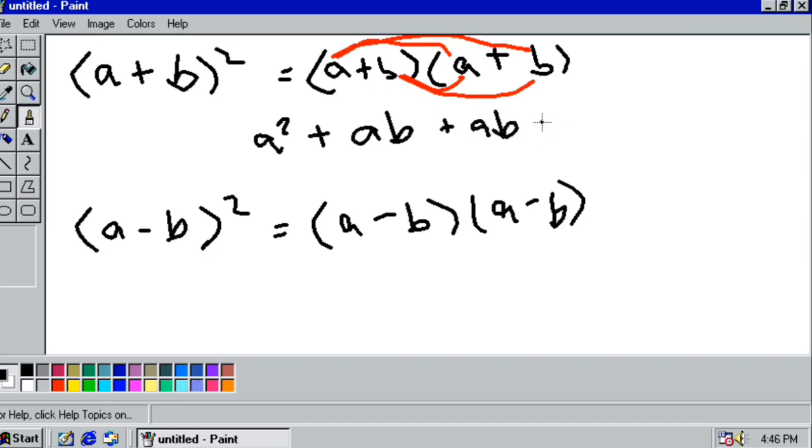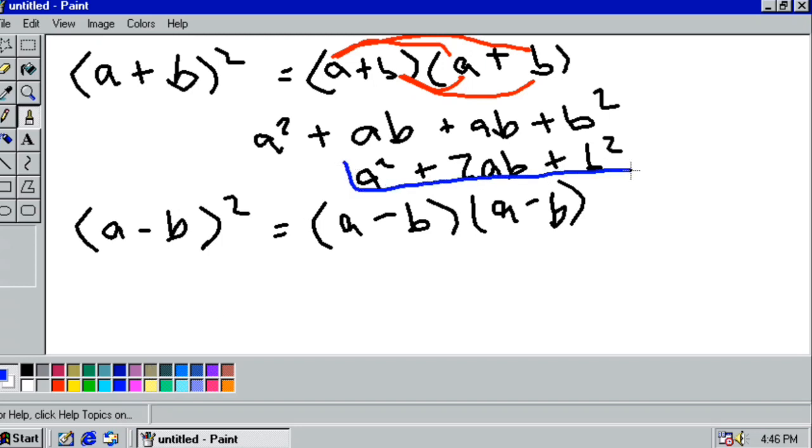B times b is b squared. Since we have 2ab, combine the like terms. So a squared, ab plus ab is 2ab, plus b squared. So this is the answer for a plus b squared.